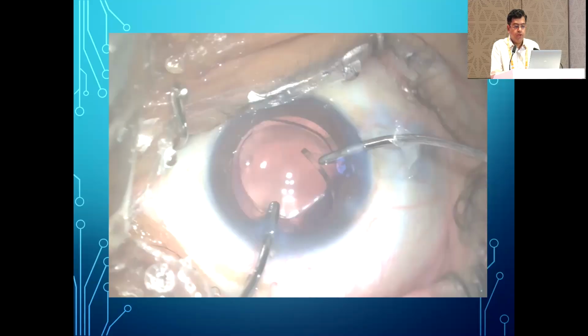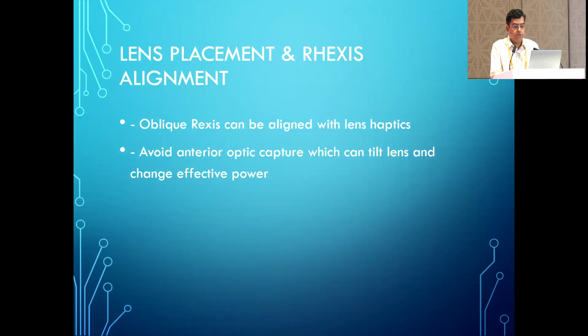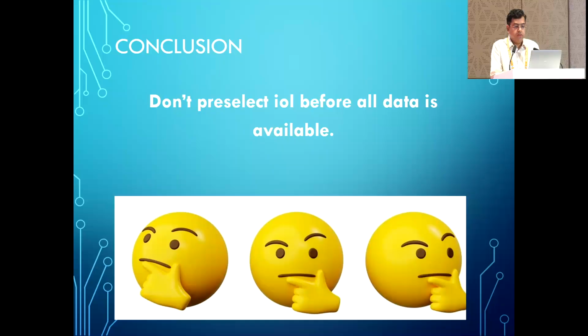You can always put in a little bit of air bubble. And for an oblique rhexis, it is better to align the lens haptics along the oblique axis of your rhexis. So avoid optic capture; at the end of the surgery you can fill a little bit of air so that there is no decentration or optic capture.